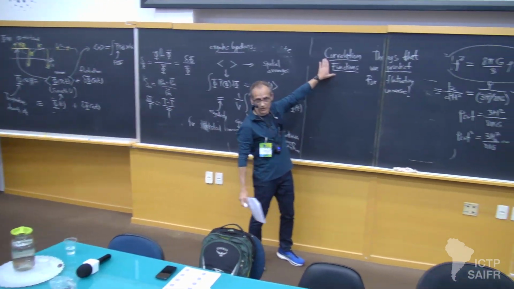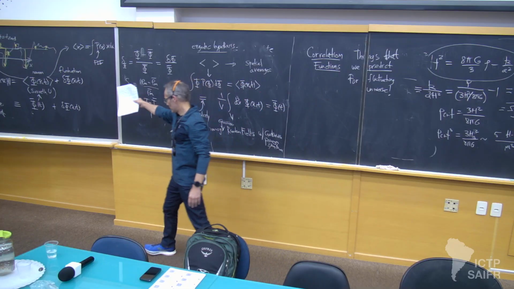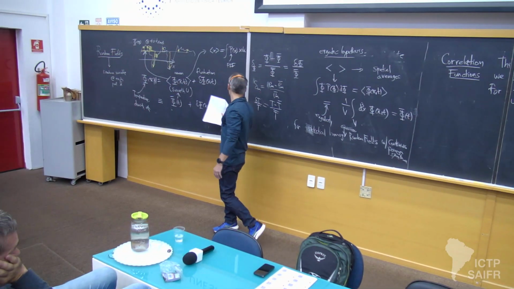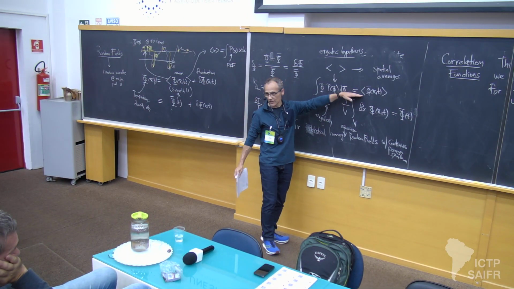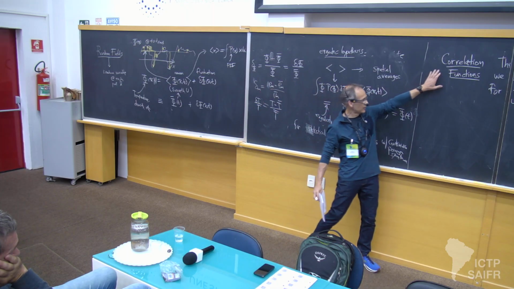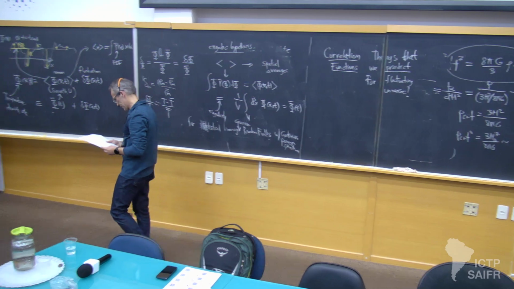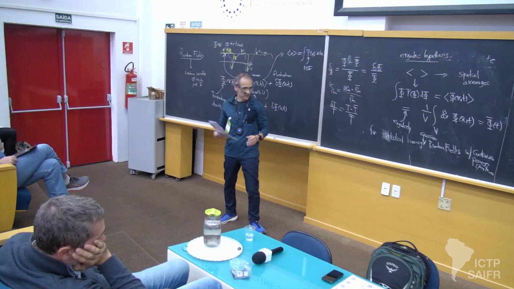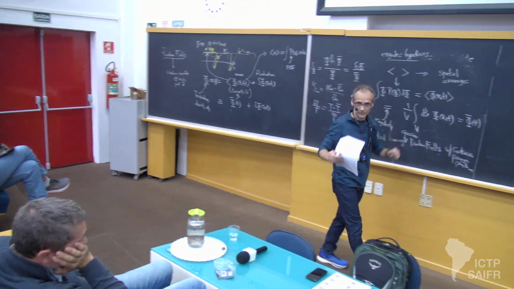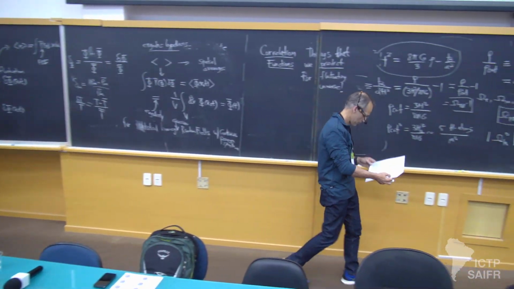We are building these correlation functions observationally through these spatial averages, and theoretically we are calculating these correlation functions and testing against observations, okay? That's the arena where cosmology of the fluctuating universe works, okay?